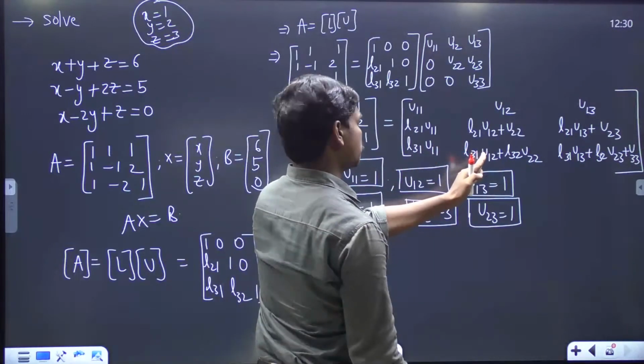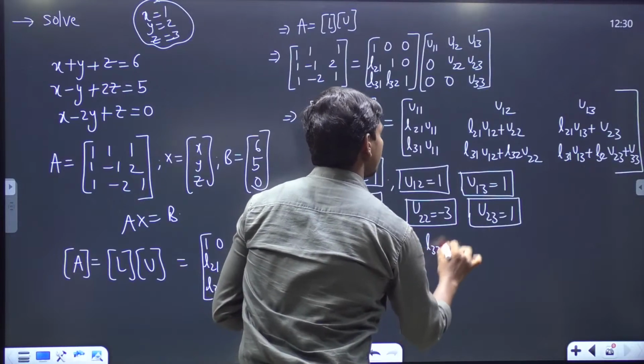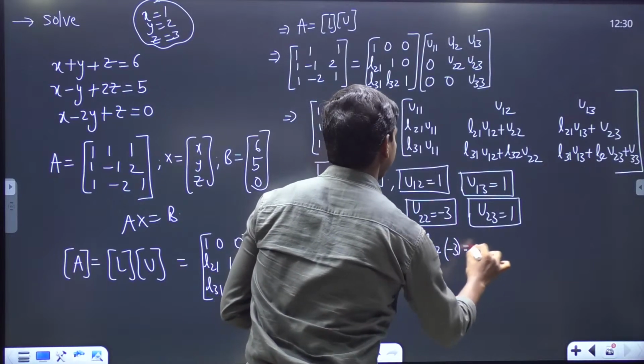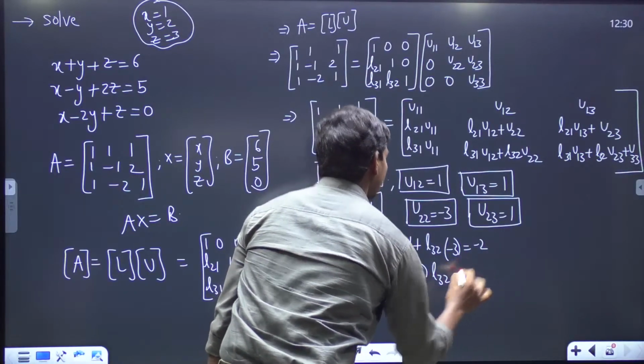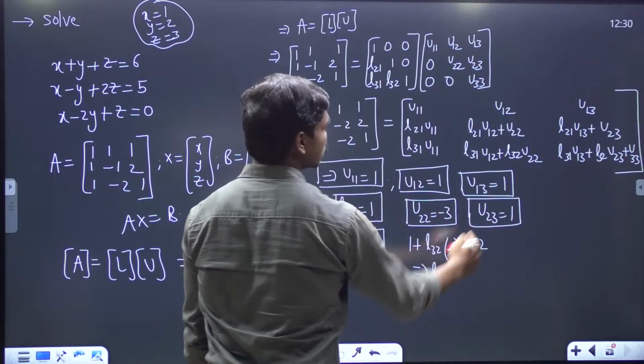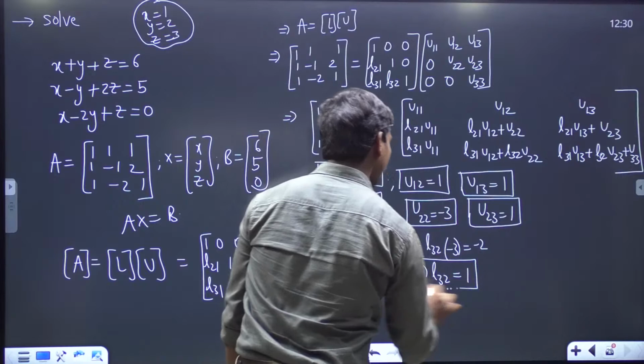1 plus L32 into U22, which is minus 3, is equal to minus 2. So this implies L32 is equal to, if this minus 1 goes to the other side, we have minus 3. So minus 3 divided by minus 3, we have L32 as 1.